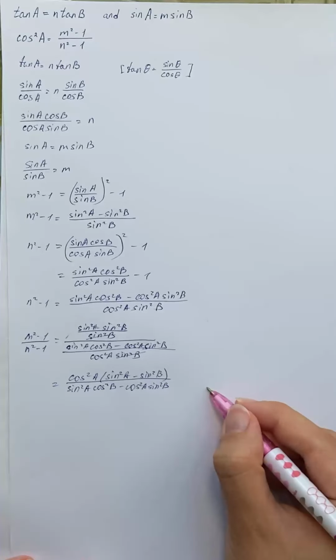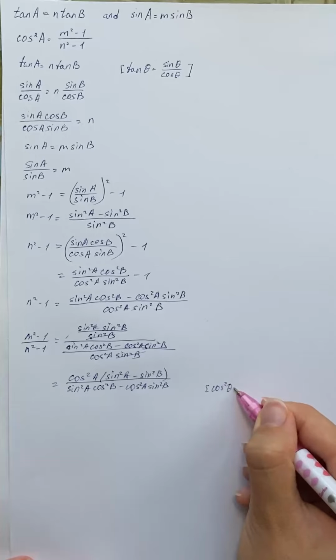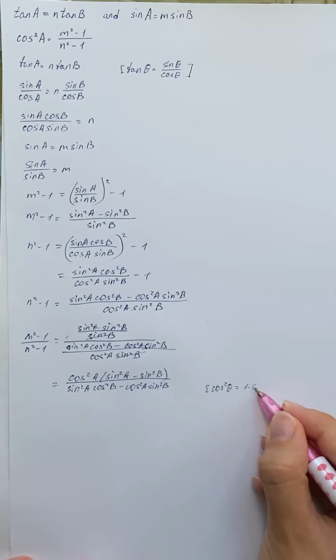And we know that cosine squared of theta equals 1 minus sine squared of theta.